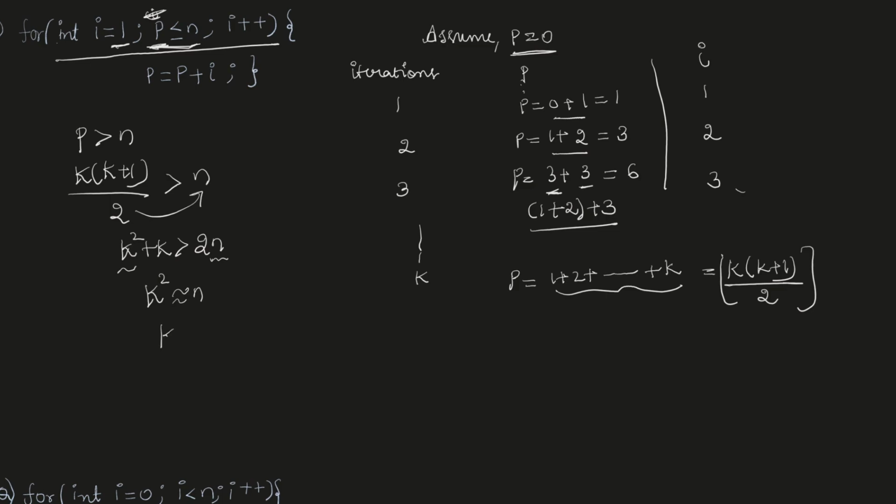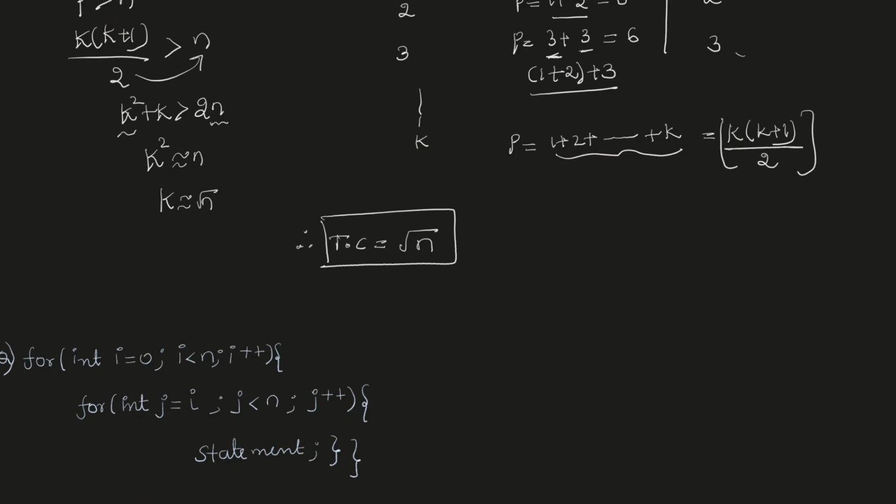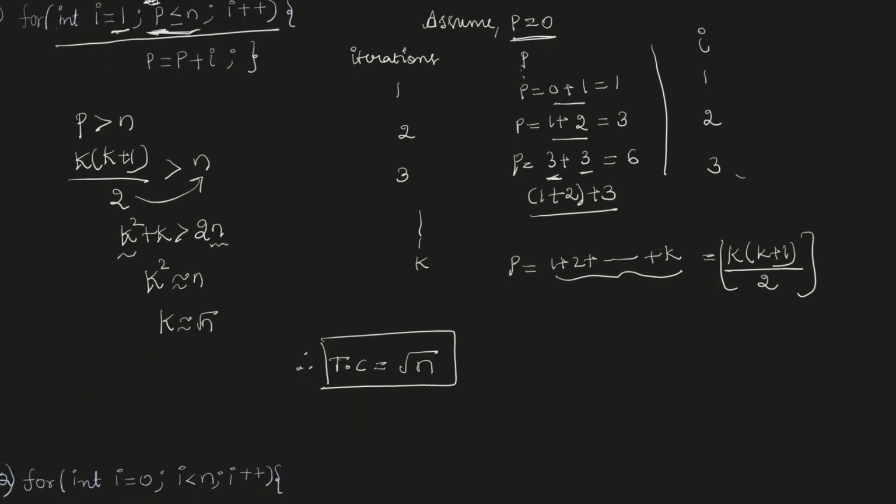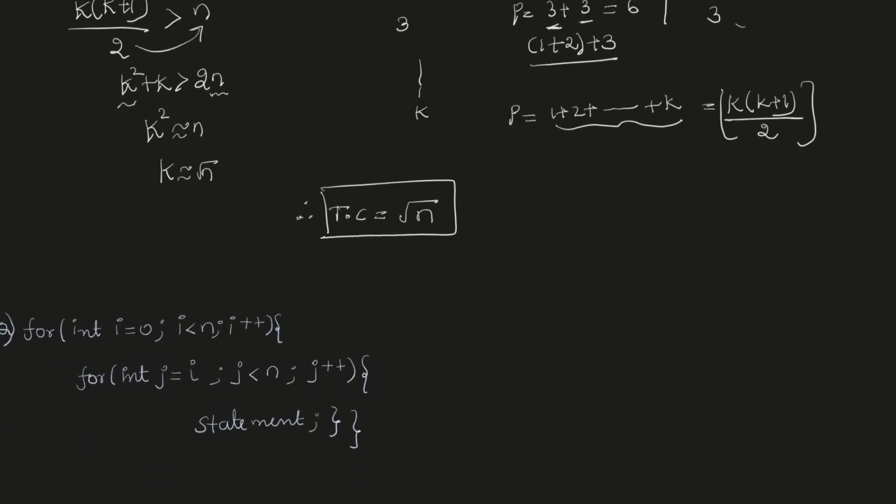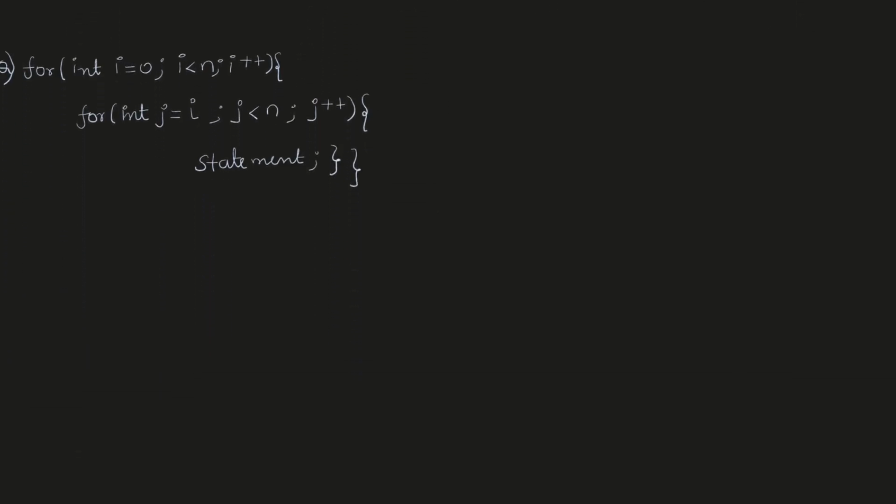That would become k nearly equal to root n. Therefore, the time complexity of this problem is under root n. So that's how you solve when an unknown variable is given in the condition. Now let's go to the next problem.